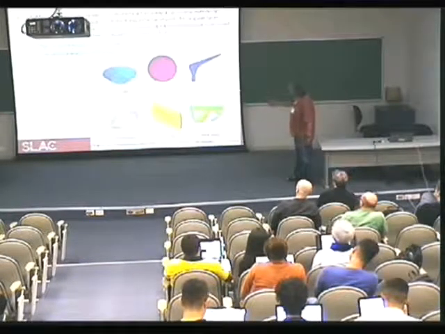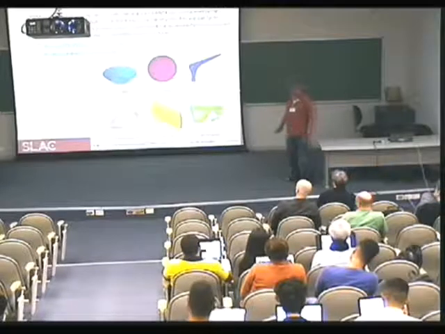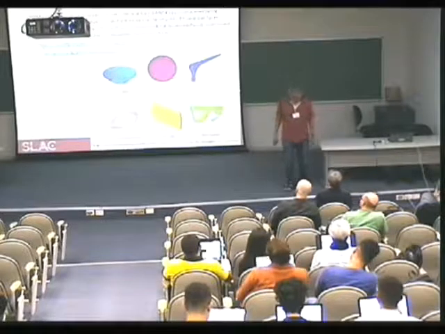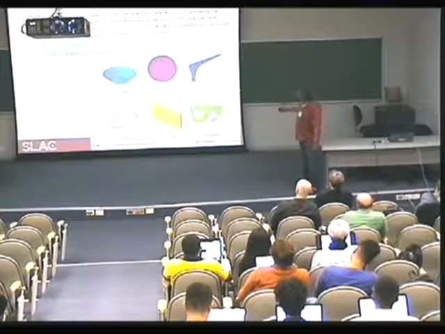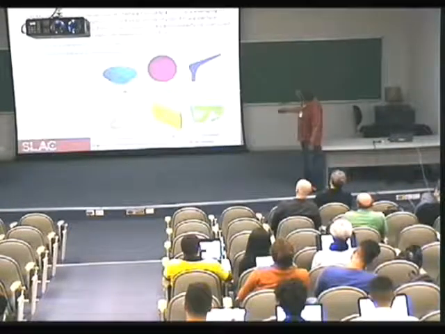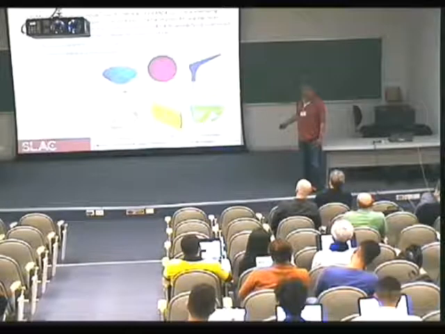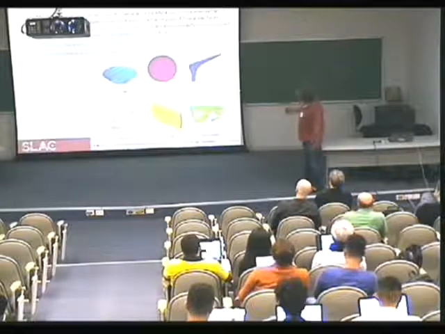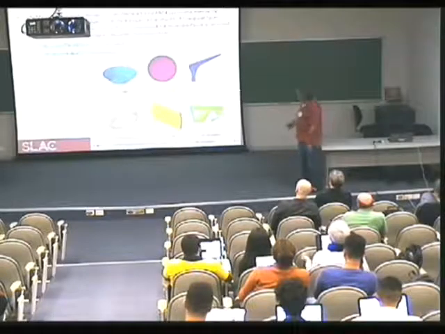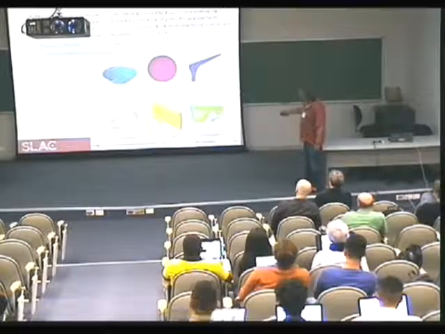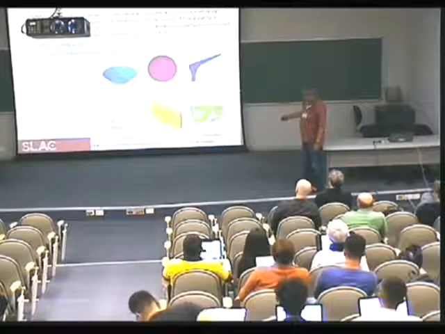So CAD mesh. This was developed by Australian medical physicists, so you see not only simple shapes, but some shapes which non-medical people never use. Here's bone, hip, whatever, and this one is a multi-leaf collimator for the treatment.